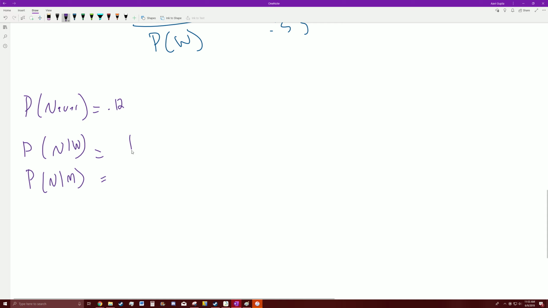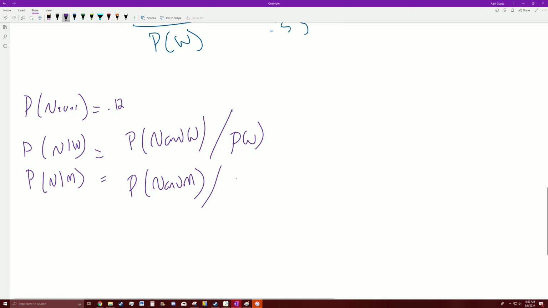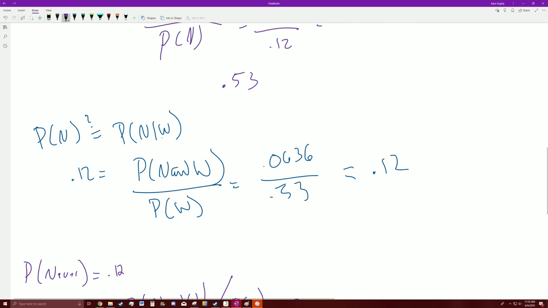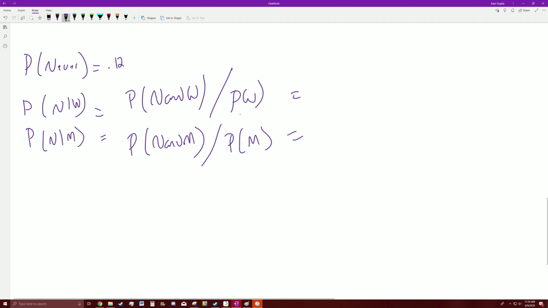So this is N and woman divided by woman. And if these values are equal to 0.12, then we're good. So N and woman is 0.0636. Woman we know to be 0.53, and yes, this is 0.12. We're good. Now let's check man.